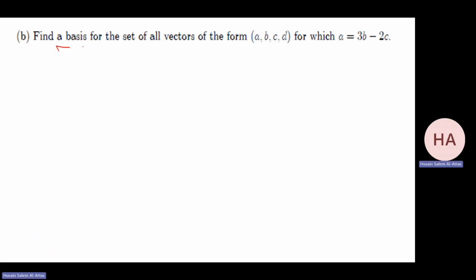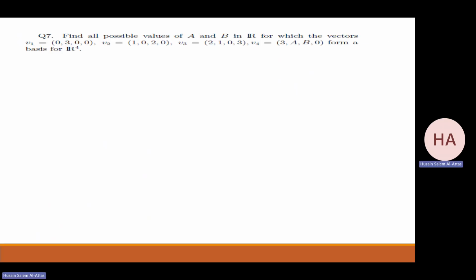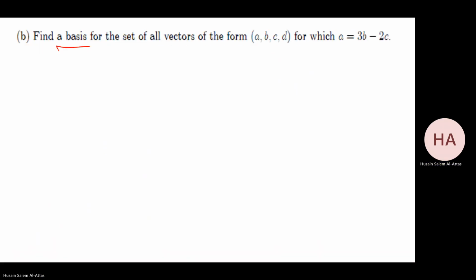Find the basis for all of this set of vectors. Okay. Be careful here. What are the free variables? Look, this is the list of vectors. Are they B and C only?